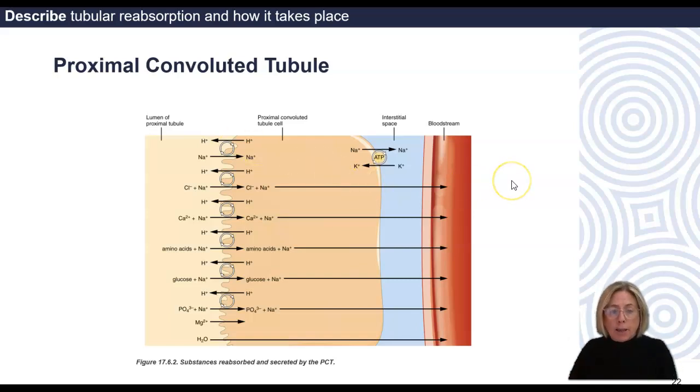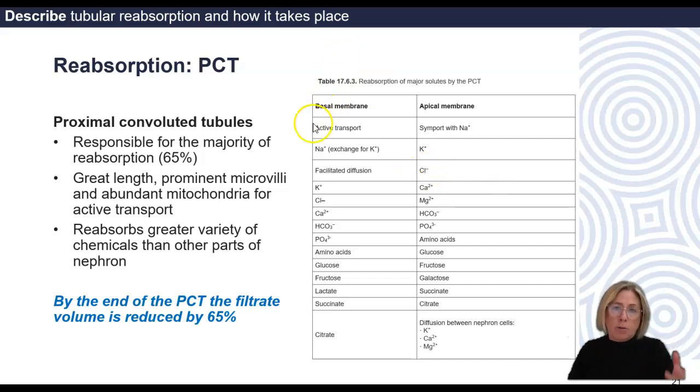So if I go back here now, and you don't need to memorize all of this table, right? But I just want you to get the overall view that it has a great length, the proximal convoluted tubule. The cells have those microscopic extensions, those microvilli, that increase that surface area to allow for reabsorption of lots of solutes, and lots of mitochondria there to drive that active transport.